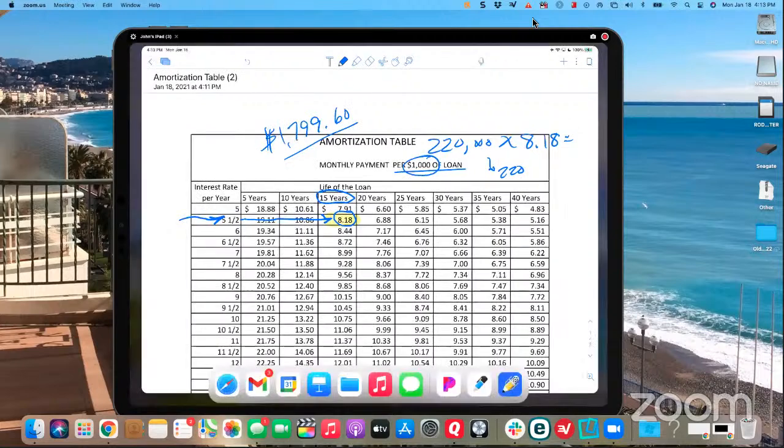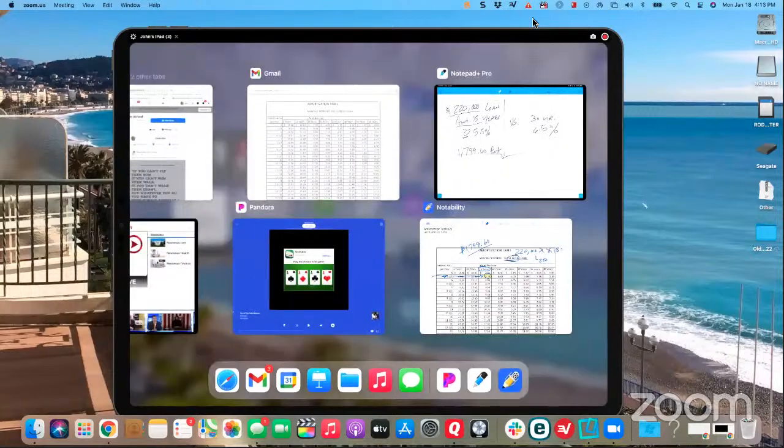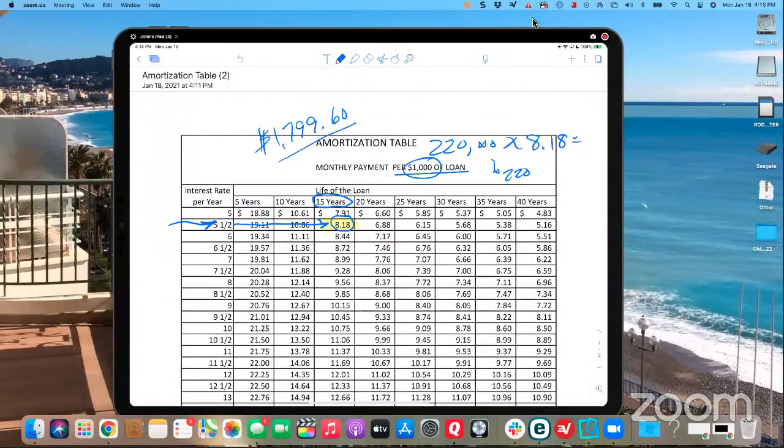So let's just come over here for right now and put 1,799.60. This is the payment. And again, this is 220,000, 15 years at 5.5%. And hopefully everyone can see how I got that. You just look on the amortization table. There's your 5.5.